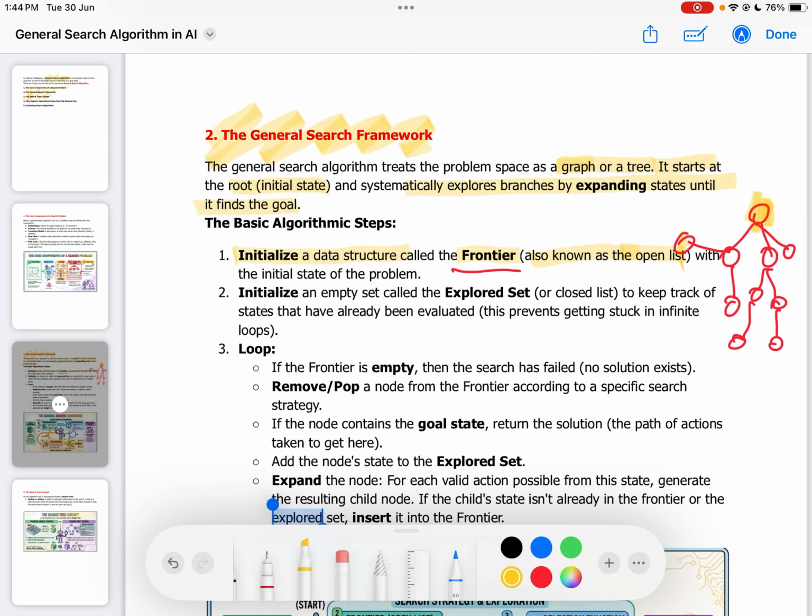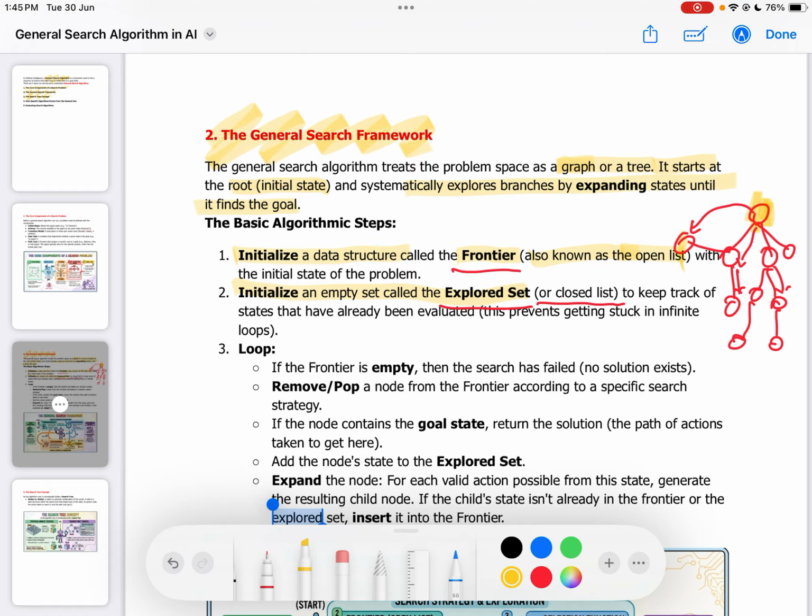Now what it does is it goes from one node to another node. Assuming the first node is empty and it is called as an explored set, then it moves you to a closed list. If the solution is not there in that, it moves to a closed list. What it does, it goes from one point to another point, okay, and tries to find answers.